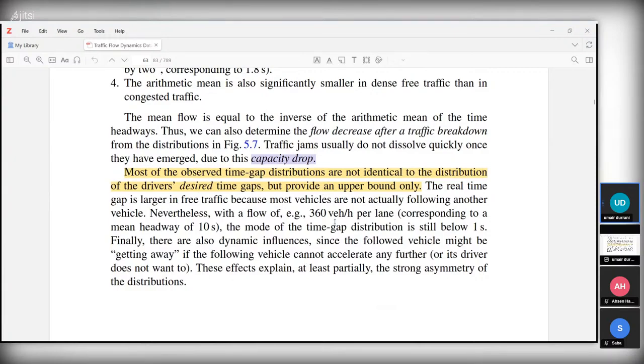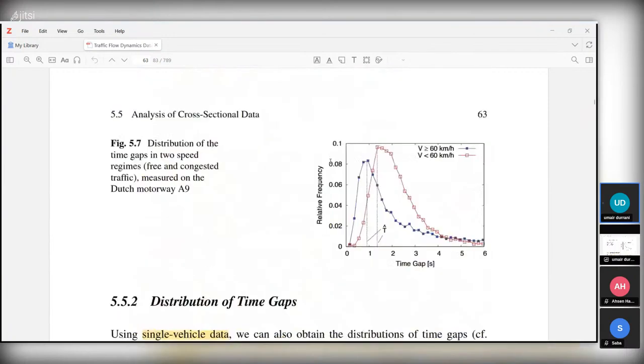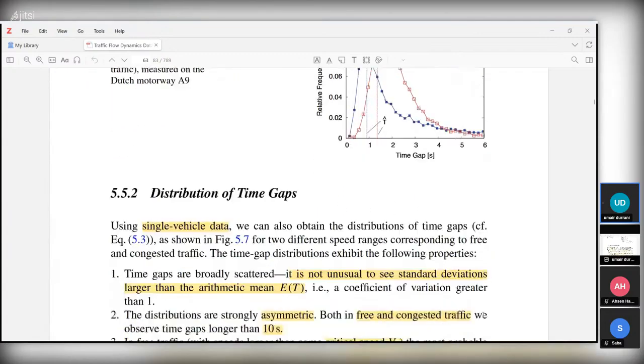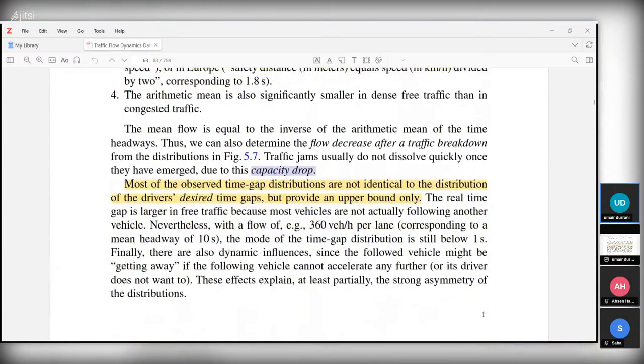Okay, and here they mentioned that traffic jams usually do not dissolve quickly once they have emerged, and that is because of the capacity drop. That capacity drop is the flow decrease after a traffic breakdown. And that is indicated by the longer right tail of these time gap distributions, where we have 5 or 6 seconds of time gaps.